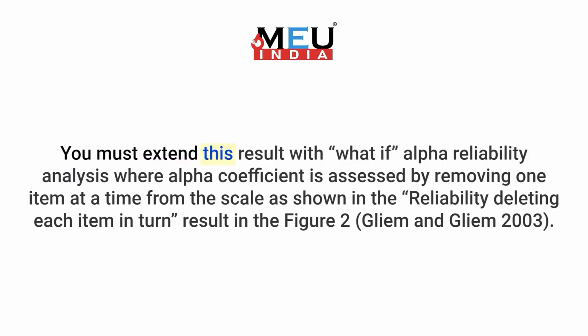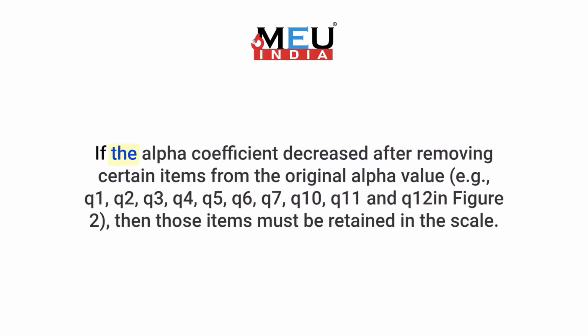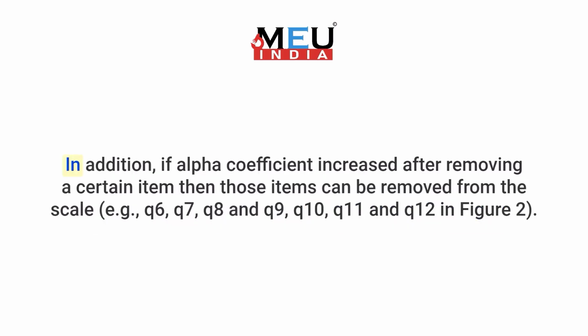You must extend this result with what-if alpha reliability analysis, where alpha coefficient is assessed by removing one item at a time from the scale, as shown in the reliability if item deleted result in Figure 2. If the alpha coefficient decreased after removing certain items from the original alpha value, then those items must be retained in the scale.